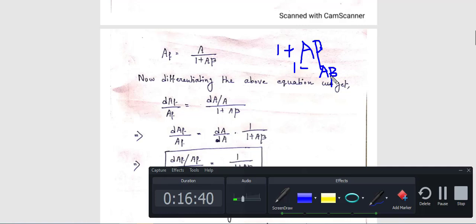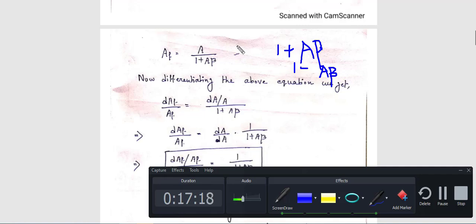To get a real positive value, for the first expression A beta should be greater than 0, and for the second expression A beta should be less than 0. So in the case of negative feedback, the numerator is always divided by 1 plus A beta. That means in a negative feedback amplifier the value will definitely decrease.